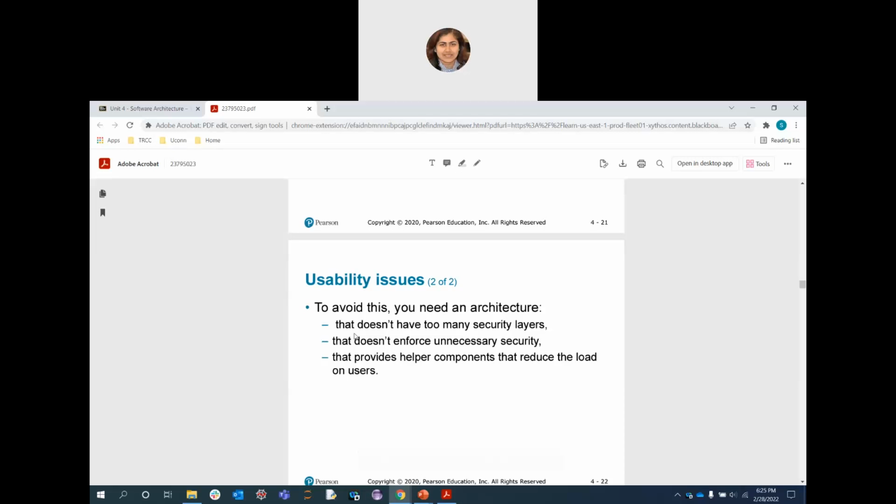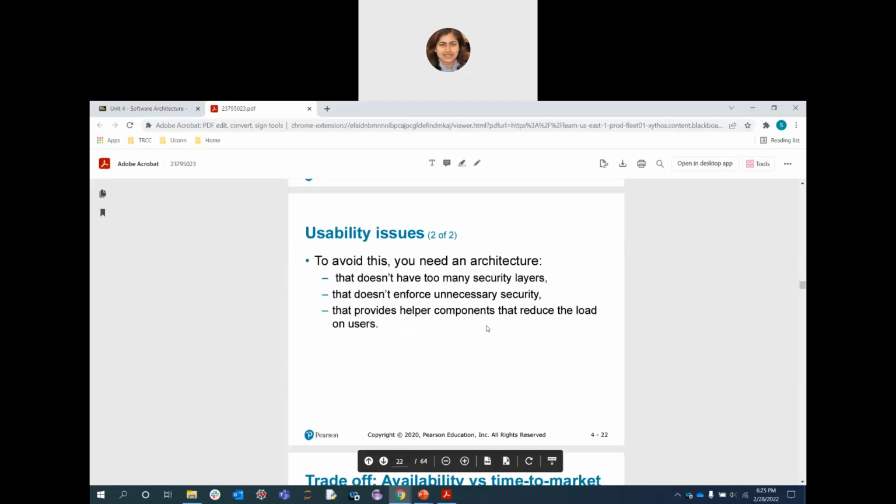Whatever is important, just implement it; anything unnecessary, just discard. You can also provide helper components that reduce the load on the users. These are various usability issues, and to avoid them you need to consider all these aspects.